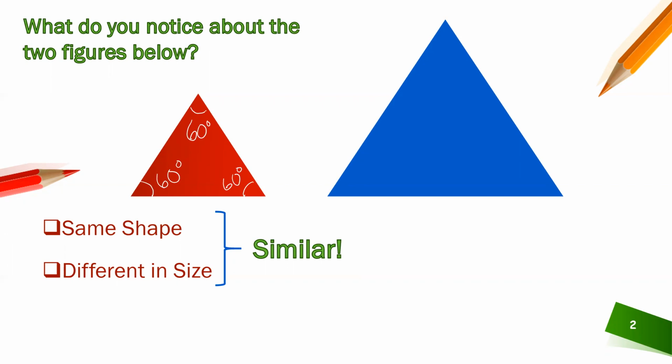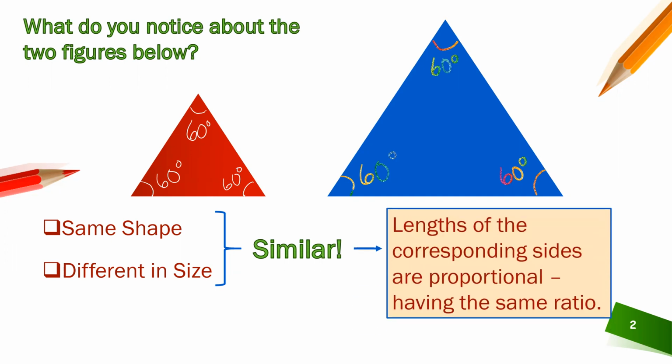Because they are the same shape, the blue one, even though the shape is bigger, the angles stay the same, because 180 degrees divided by 3 is still 60 degrees. But so what's different? When you say different in size, what's the difference? It's the lengths, right? So the lengths of the corresponding sides are proportional, or they have the same ratio.